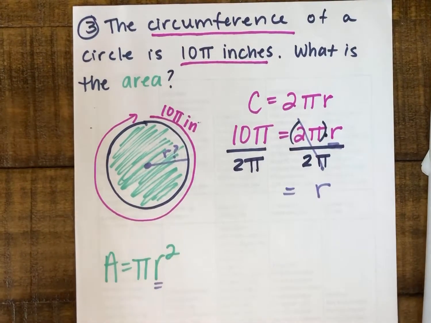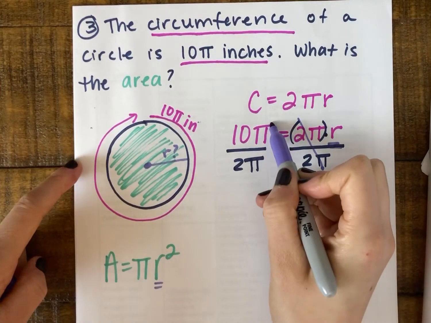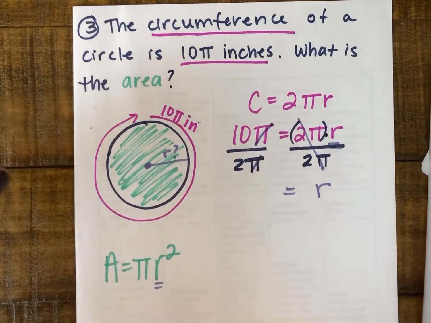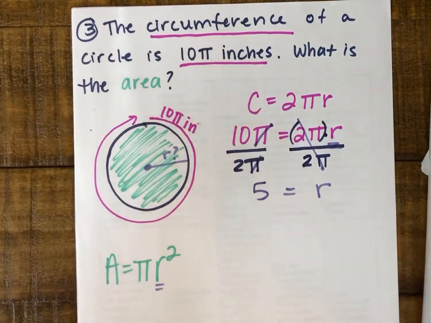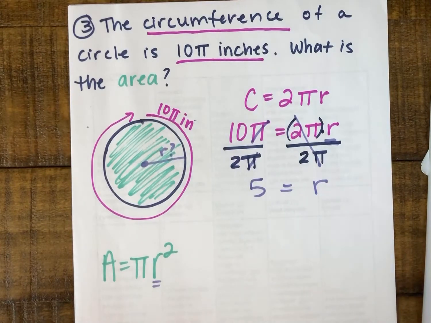The other way is just by noticing that pi divided by pi is going to cancel out, and then 10 divided by 2 will be 5. So the radius of this circle has to be 5 in order for it to have a circumference of 10 pi inches.